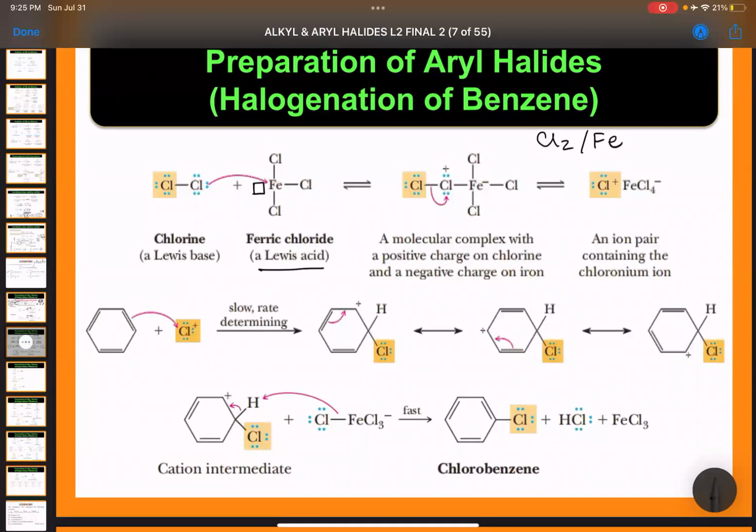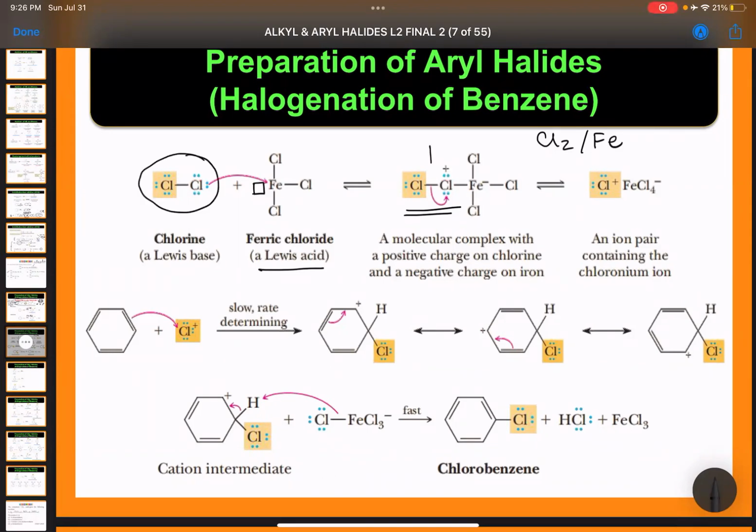So FeCl3 or AlCl3 have empty orbitals, and you take Cl2, and the Cl has lone pairs. So the Fe in FeCl3 gets the lone pair from the chlorine atom, and it forms a bond. When you see this bond forming, earlier it was a Cl-Cl bond, but now it is Cl and Cl plus.